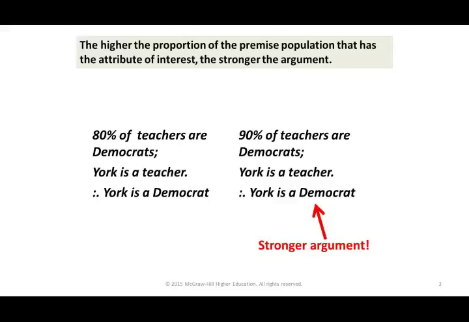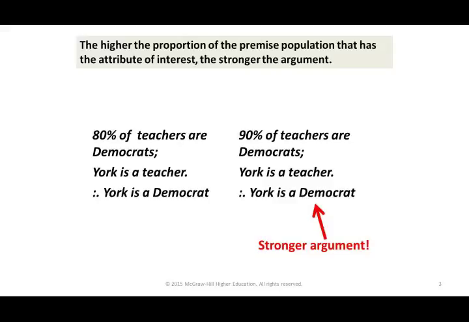Notice that argument can be made stronger or weaker depending on the percentage of teachers that are Democrats. So if we start off noting that 80% of teachers are Democrats, and then add that York is a teacher, how likely is it then that York is a Democrat? Well, that's a strong argument, right? We would probably say there's an 80% chance, okay?